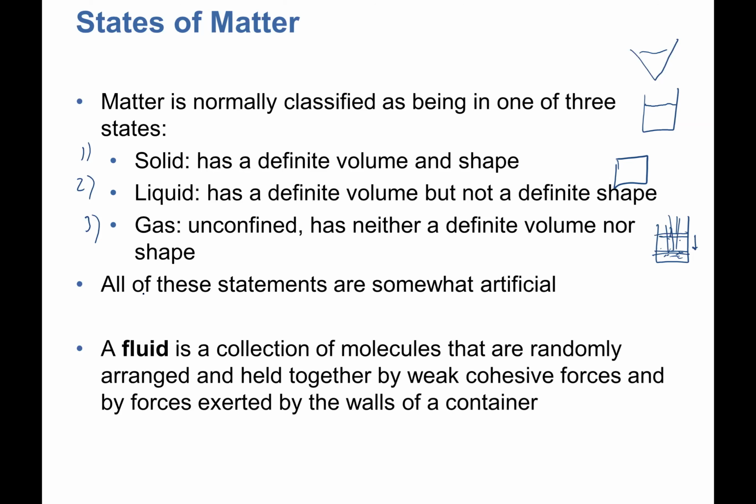It's a collection of molecules that can flow, either keeping their volume like a liquid, or moving randomly without any definite shape or size, which means gas. That means a liquid or a gas, or a combination, can be considered a fluid. So when we consider fluid, it's either a liquid or a gas.